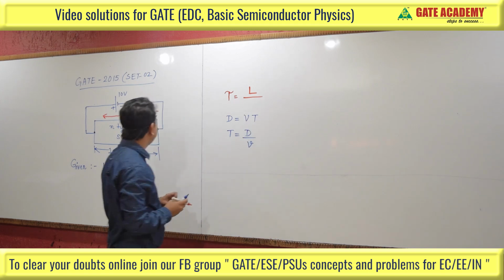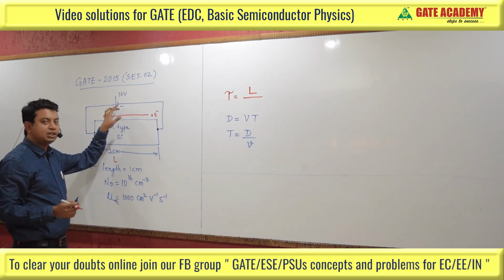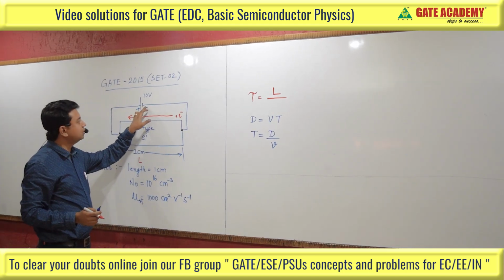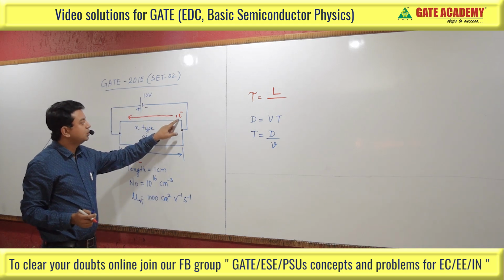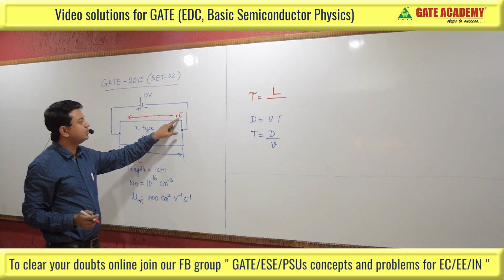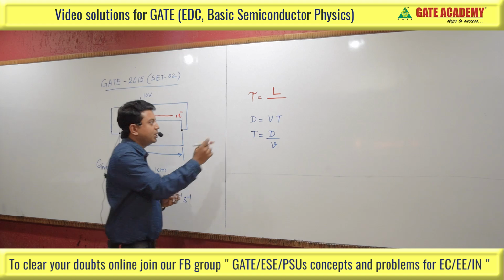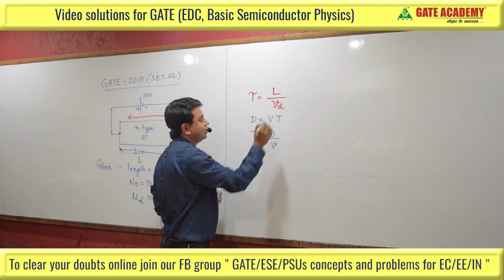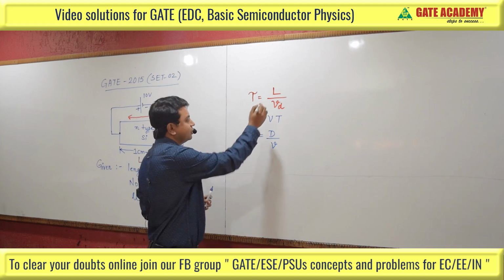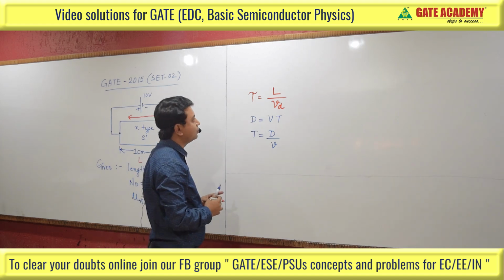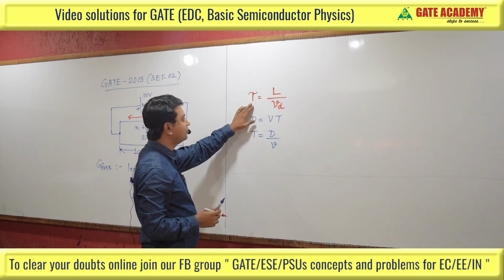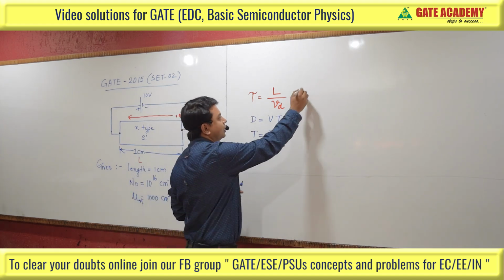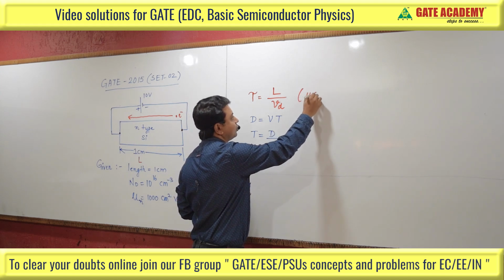Since we have applied a constant DC voltage, the electrons will acquire some drift velocity, so we have to apply the drift velocity here. By this formula we have to find out the transit time of this question, in microsecond units.